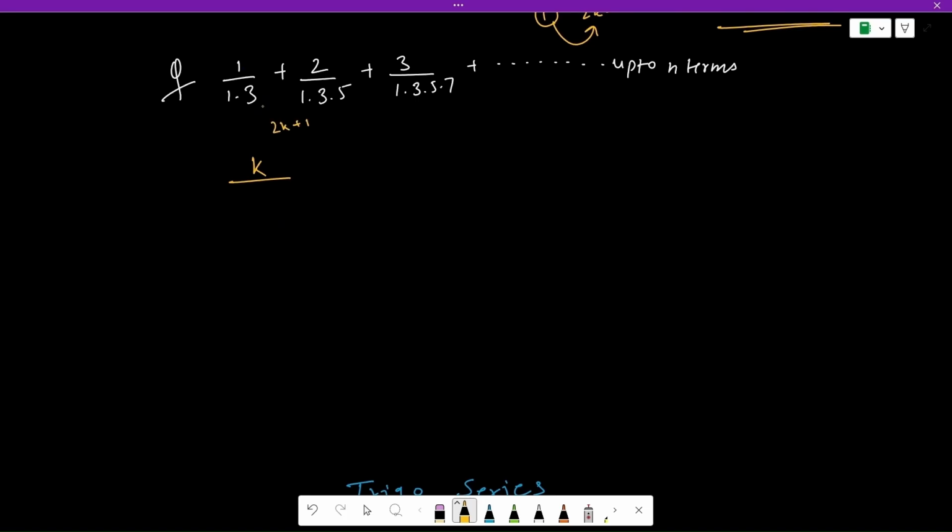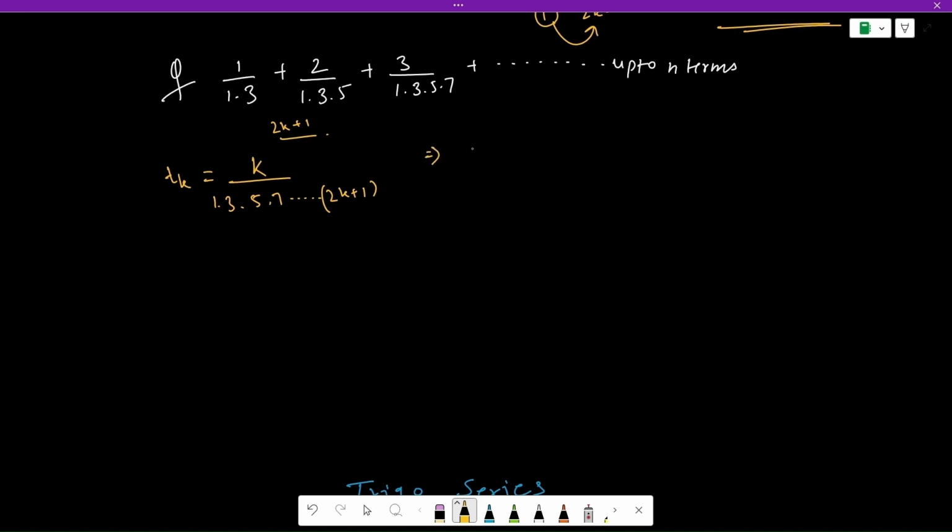So if you put 1 you get 3, if you put 2 you get 5, if you put 3 you get 7. So it will be 2k plus 1. Now we have all the odd numbers 1, 3, 5, 7, and so on till 2k plus 1. So this is the kth term and we need the sum of these terms.